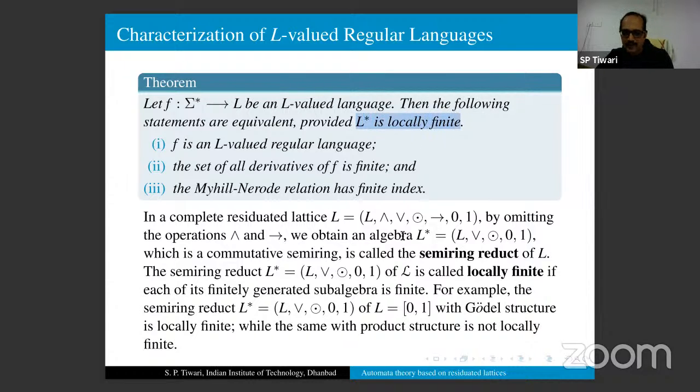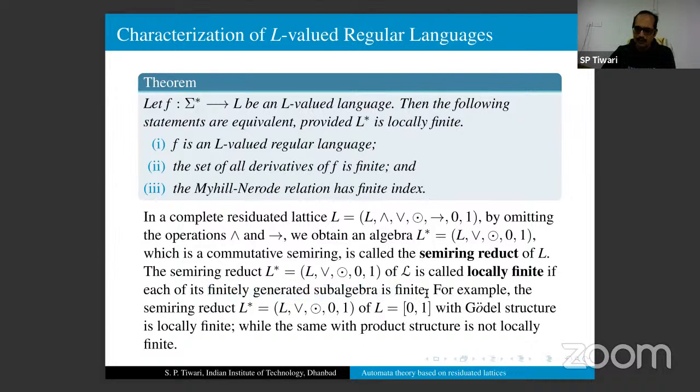And locally finite meaning is, if we have a residuated lattice, corresponding to the lattice we can construct a semi-ring reduct of L, and this semi-ring is locally finite if its subalgebras are finite, which is too abstract here.